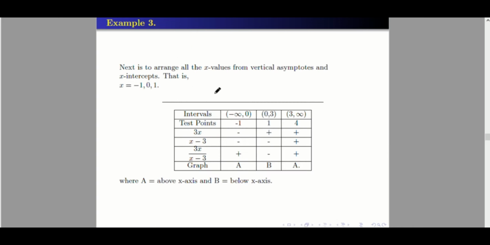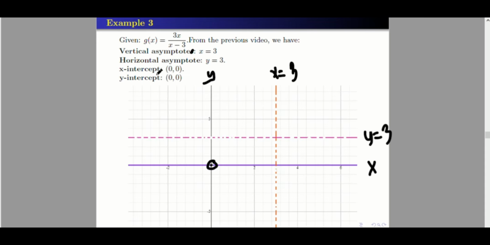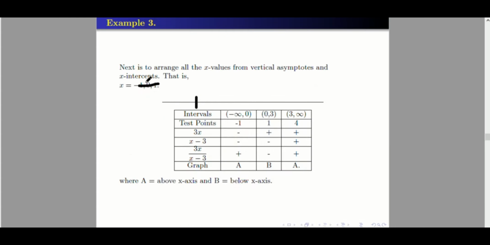Okay. So we must arrange first. So we have x is 3 and 0. We only have two values, 3 and 0. So this should be 0, 3.